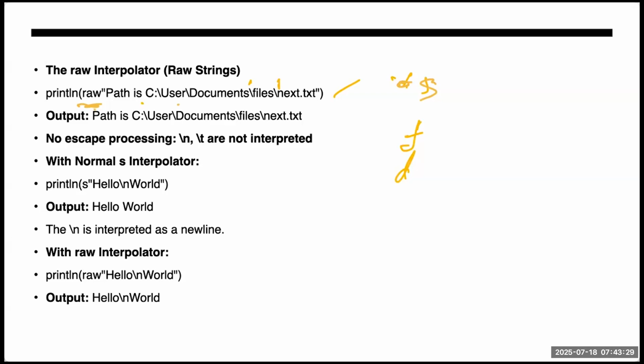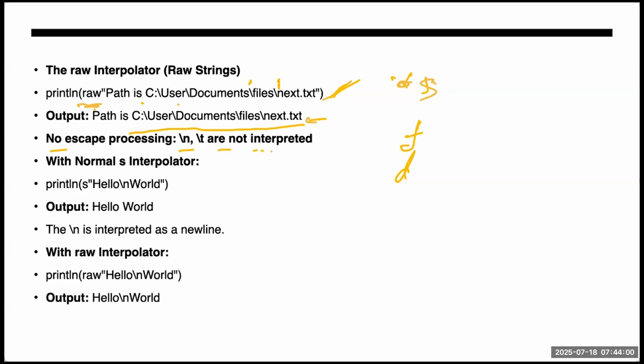If you see, the output will be something like this. But if you try to print it without raw, it will give you an error. If I try to print this, it gives me this output. So it is not escaping. If you give these things, it will print it.